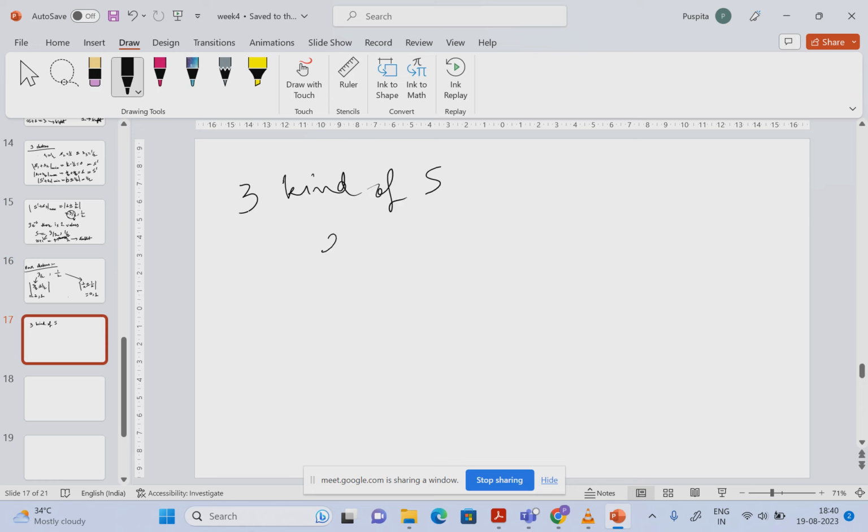S values: 2, 1, 0. So 2S plus 1 values corresponding to them: when S is equal to 2, it is 5. When S is equal to 1, this is 3.